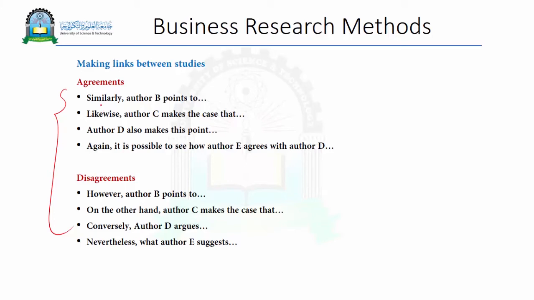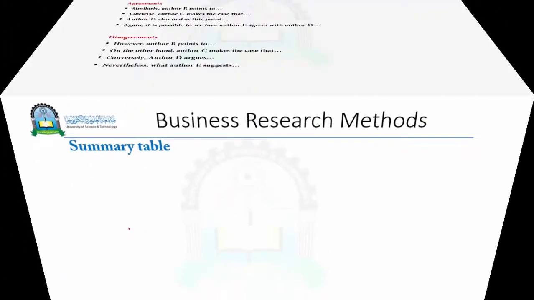So similarly, author B points blah blah blah, likewise, and disagreement like however, on the other hand, conversely, and nevertheless. So this can also help the researcher to write a very cohesive research or literature review which is consistent.